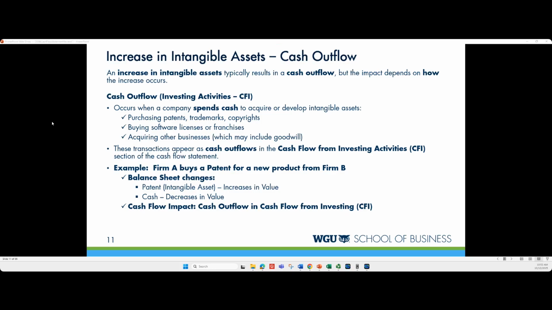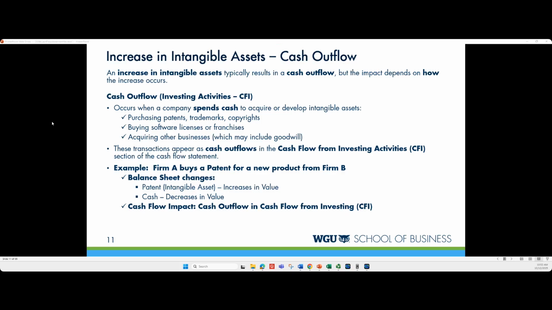Like they purchase a patent, a trademark, they buy a software license, they buy a company that is developing an app, and bigger companies like Meta and Microsoft do this all the time. They buy smaller startup software companies. When they see an app they like, they want to bring it under their umbrella. So those transactions are going to appear as real cash outflows because cash has transacted, and it will show up in the cash flow from investing activities.